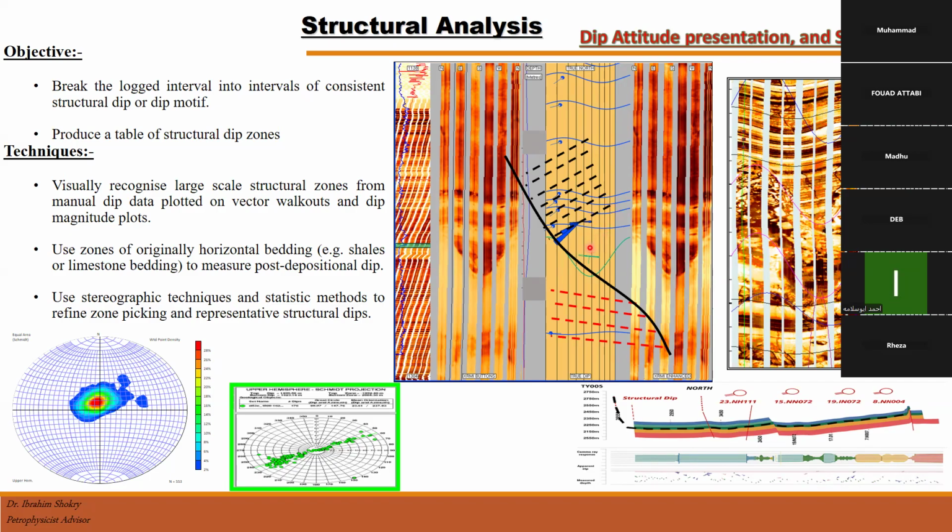For example, the main criteria to identify our faults are the difference between the dip attitude before and after the fault break, fault juxtaposition, as in this example, or the occurrence of some sort of deformation across the fault area.